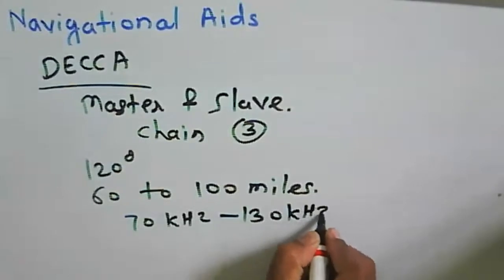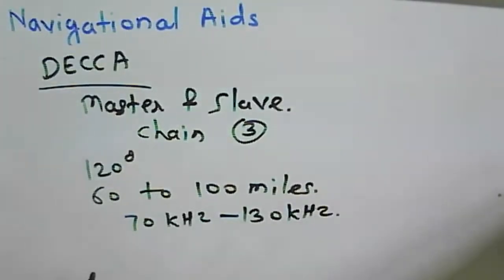The coverage area is larger because the signals pass through different lanes.